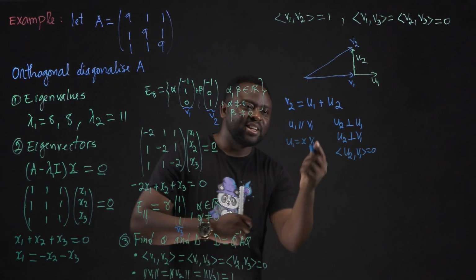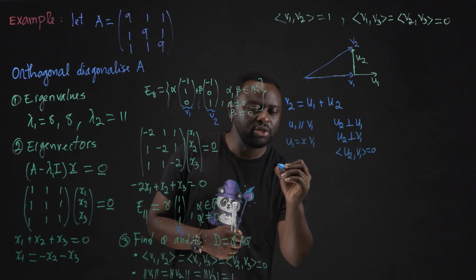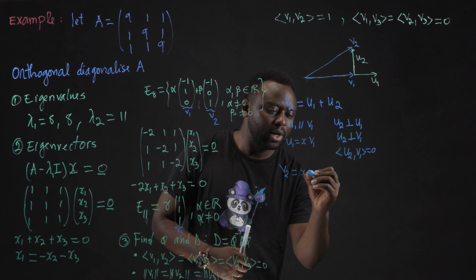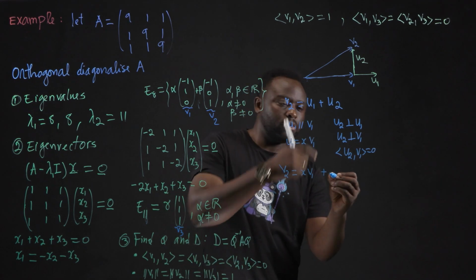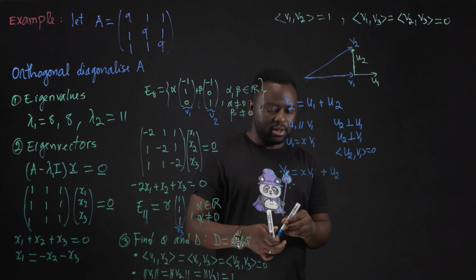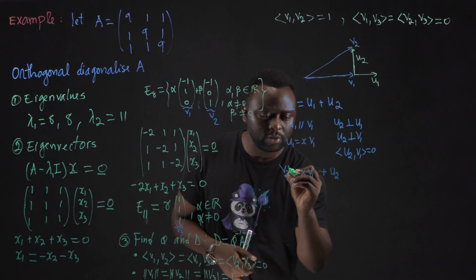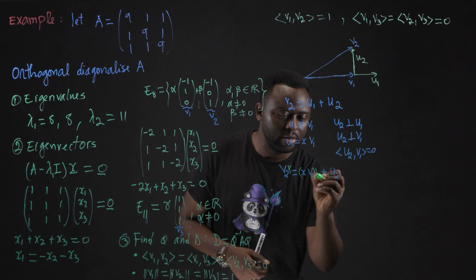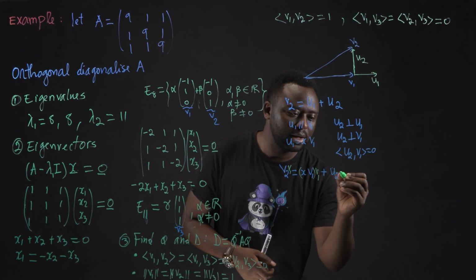All right, let's substitute here and see. So V2 becomes X times V1 plus U2. All right, at this stage, I decide to multiply the whole thing by V1. So let's multiply here by V1, here by V1, and here as well by V1.